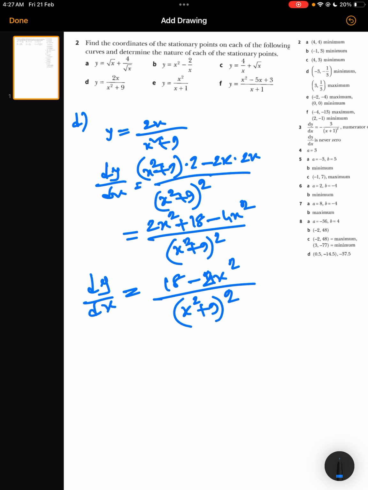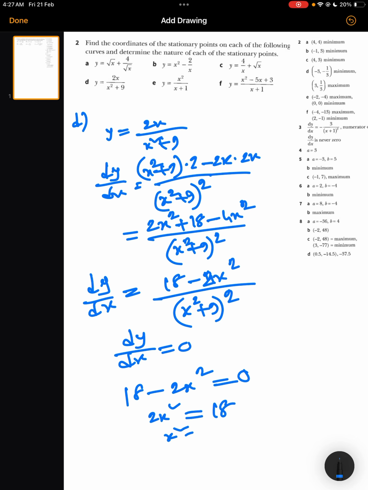For a stationary point, the first derivative must be 0, so 18 minus 2x square must be 0, so 2x square is equal to 18, x square is equal to 9, so I am taking x as plus or minus 3.